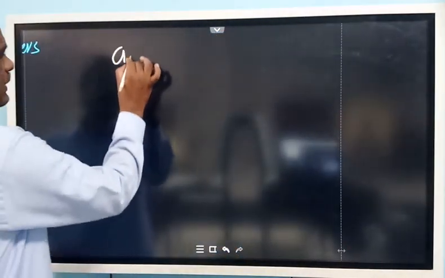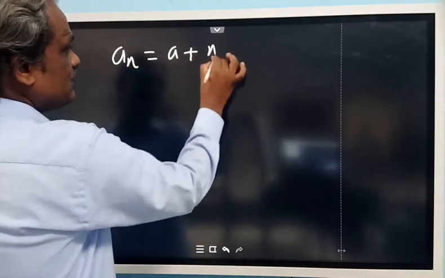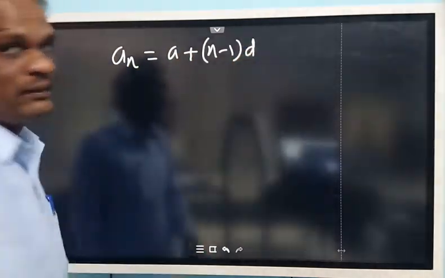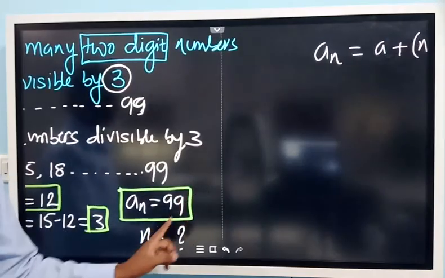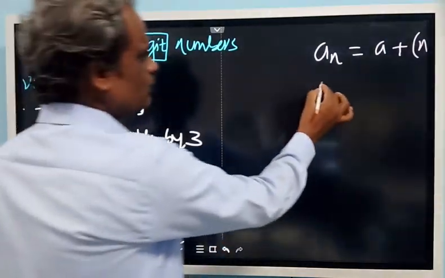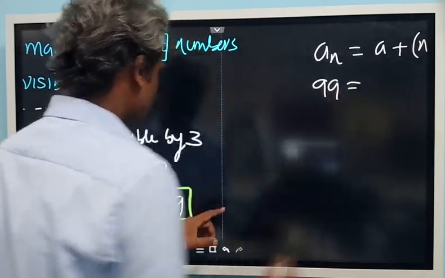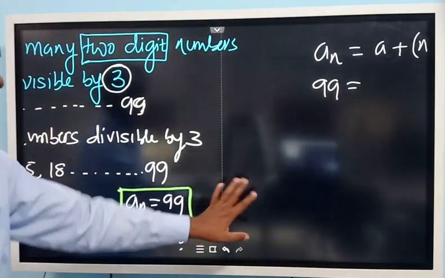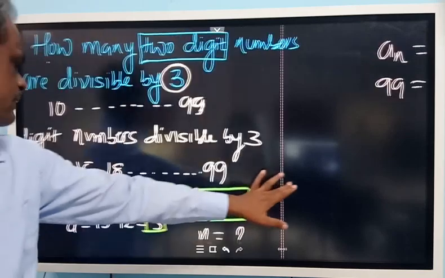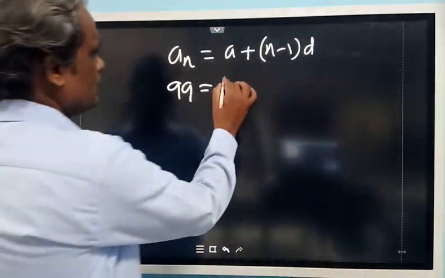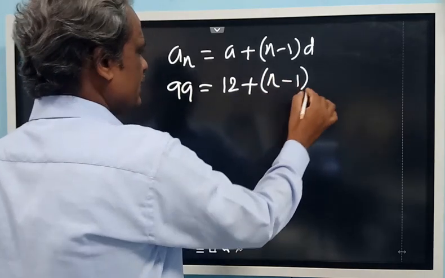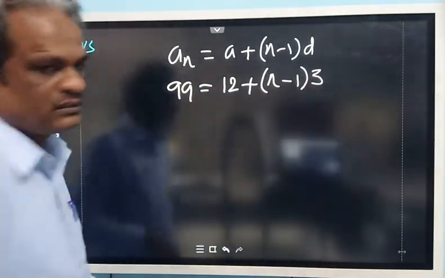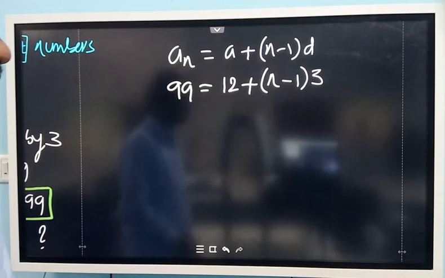Nth term, AN is equal to A plus n minus 1 into D. First term is 12 plus n minus 1 into D. Common difference we got as 3.